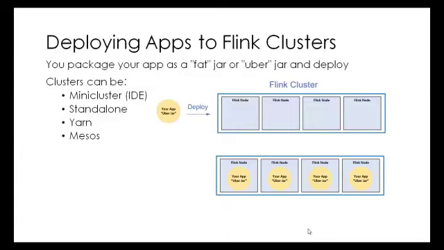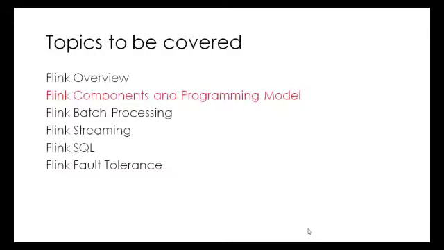You just have a task in your build that says, give me my jar file. Then you would submit that jar file to the Flink job manager, and it would run all the magic and run it for you. So that's the overview. Let's talk next about some of the high-level components and the programming model that Flink uses.